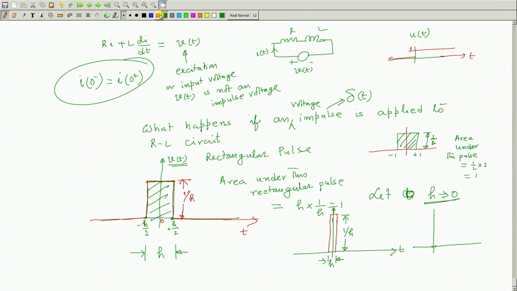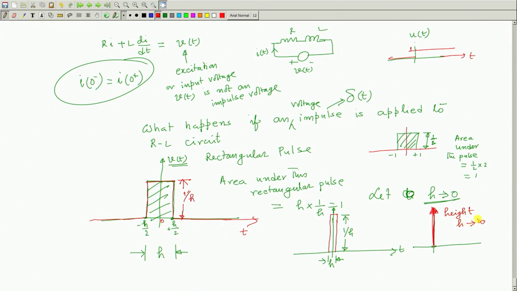Then the height of this rectangle will go up like anything, it will become a thin strip, and the height will tend to infinity.